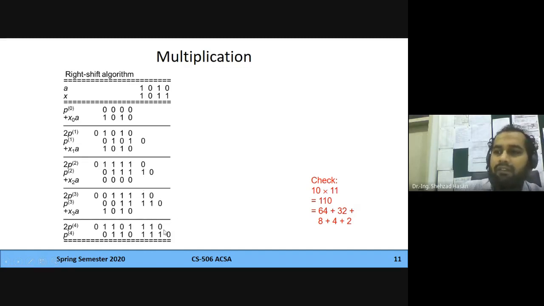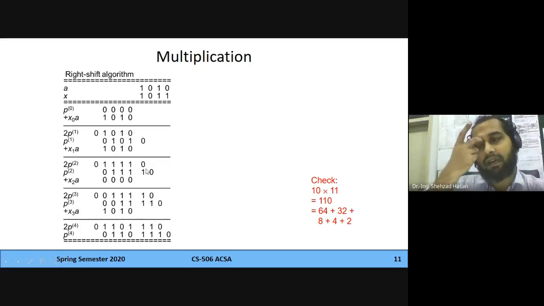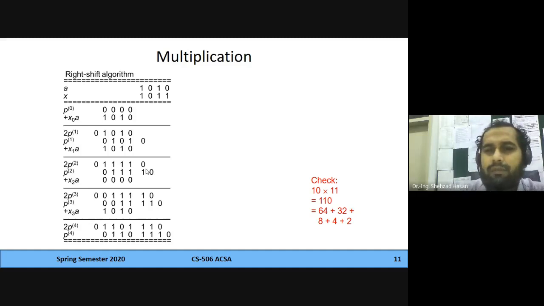That's the final answer, and at each level you're confirming 1 bit. So that's the right shift algorithm. And this is how we normally do it in base 10 as well, the method that we have learned to do multiplication.